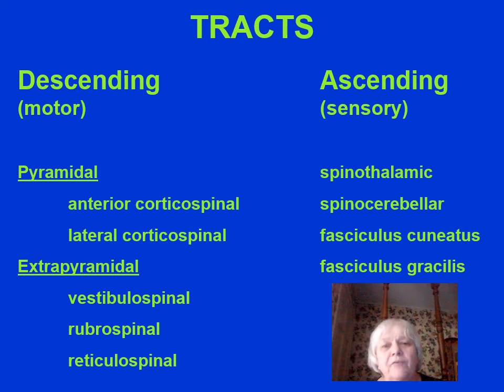Because if you have too much muscle tone in your flexor muscles, then you're going to have a hard time extending. If you have too much tone in your extensor muscles, you'll have a hard time flexing, you see. So all of these functions have to become involved in ensuring that we have smooth movements of our muscles.